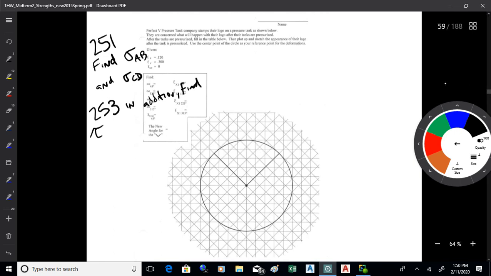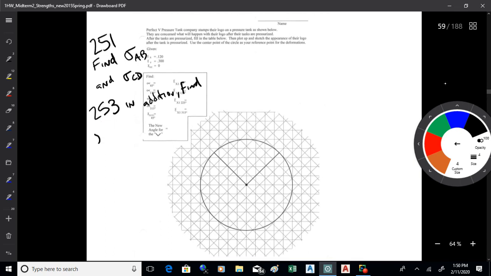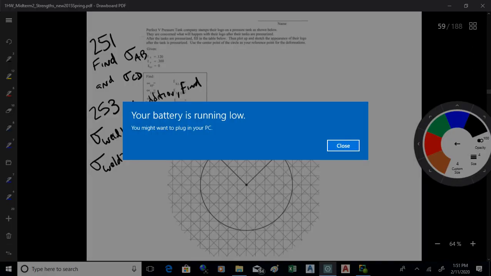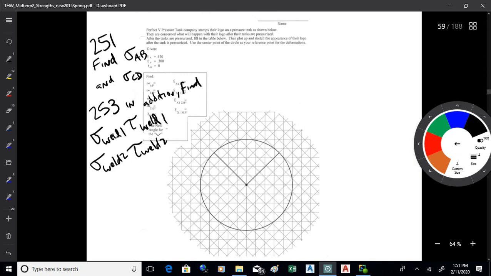So you're going to find sigma weld 1, but also the shear on weld 1, and sigma weld 2, and the shear on weld 2. What we're doing here is just a little biaxial stuff. So that's what I'd like you to do there, and these will be due Friday also, okay? And that is the 14th.